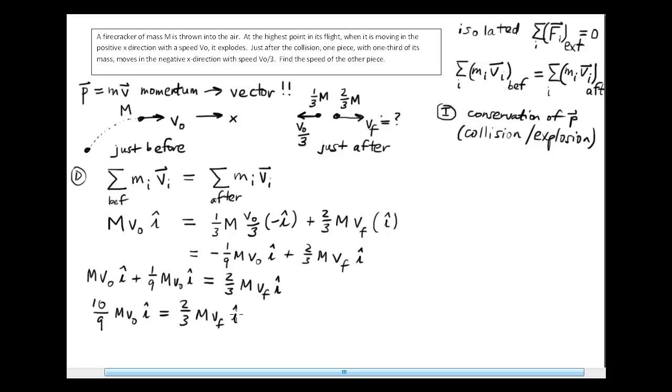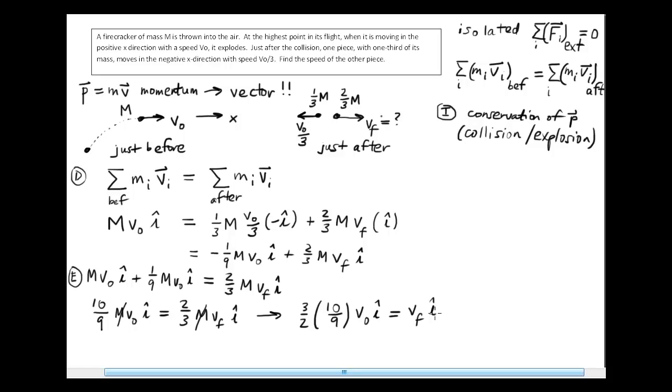We're solving for v final. We're just about ready. Actually, we're in the evaluation step right here because we've plugged in the individual momentum components before and after. So we want to divide both sides by m. The mass term cancels out because it's common to both. And if I multiply both sides by 3/2, it gives me 3/2 times 10/9 v0 i hat equals v final i hat.